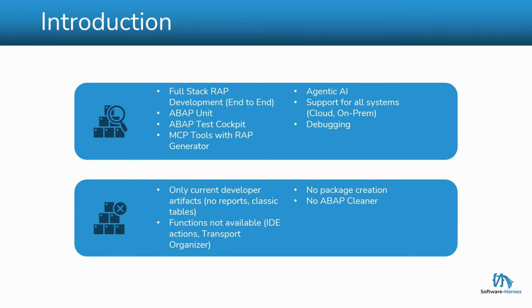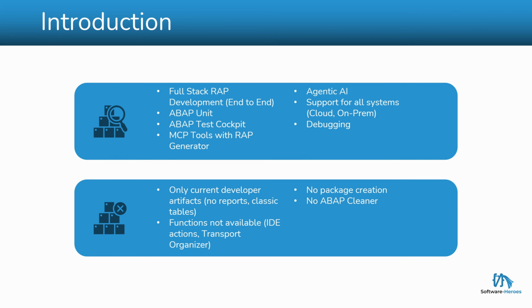What should you expect from this new development environment? Basically, the initial scope was full-stack development with RAP. The most modern stack in ABAP Cloud was used, so that all artifacts required for a RAP application are available. However, this primarily refers to table entities, data definitions, and simple types, not to classic tables.